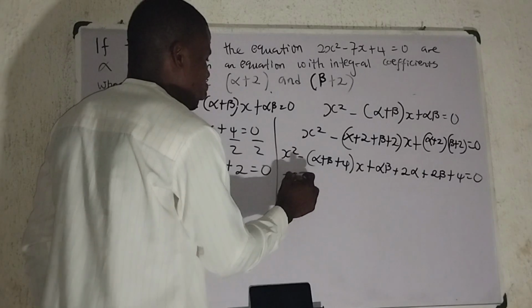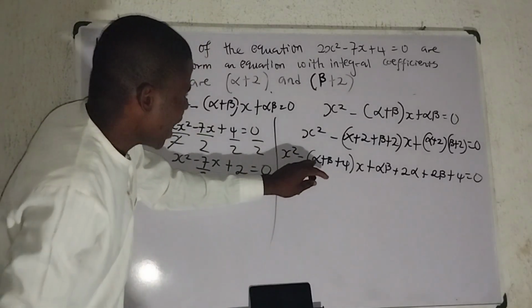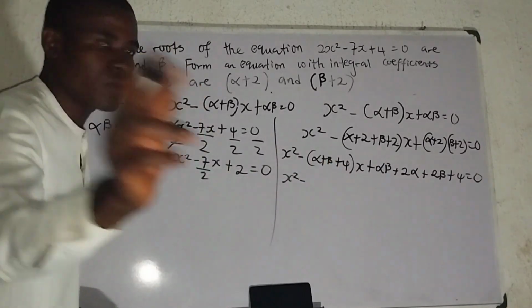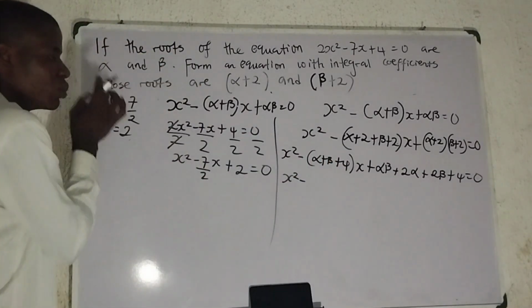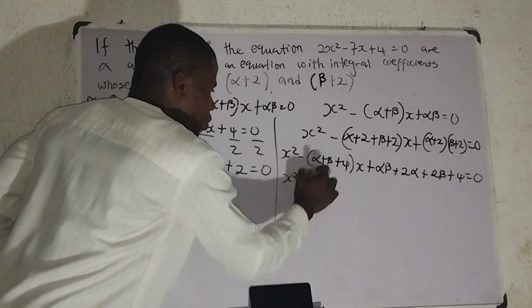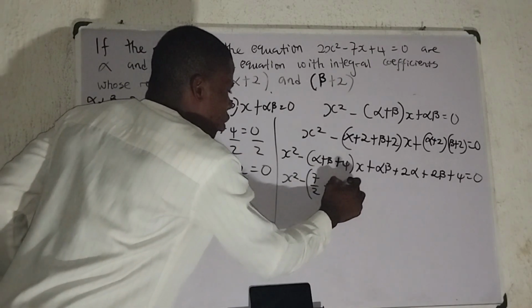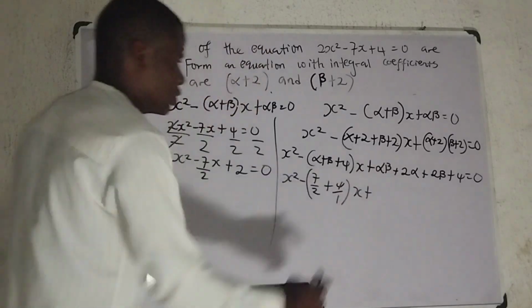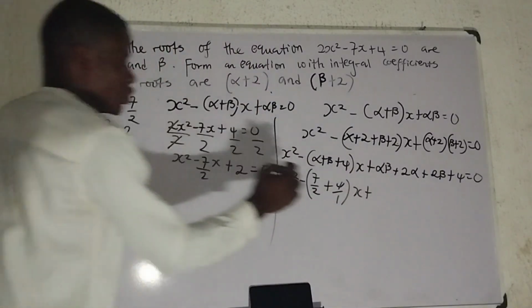So I have x squared minus, now alpha plus beta, the sum of roots we got, is 7 over 2. So minus (7 over 2 plus 4 over 1) x plus alpha beta, the product of roots, which is 2.